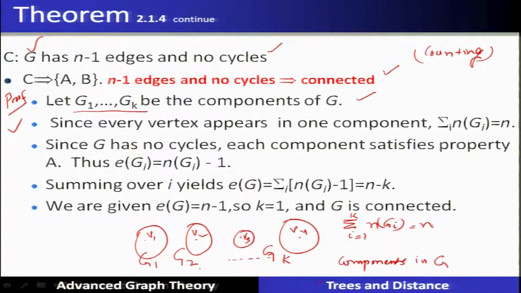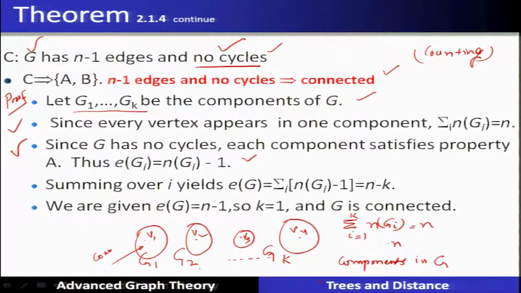Now, another thing which we have to see is that since it is given that G has no cycles, each component will satisfy the property. What is that property? That every component is connected. So, how many edges will it have? Every component will have its number of vertices minus 1 edges.